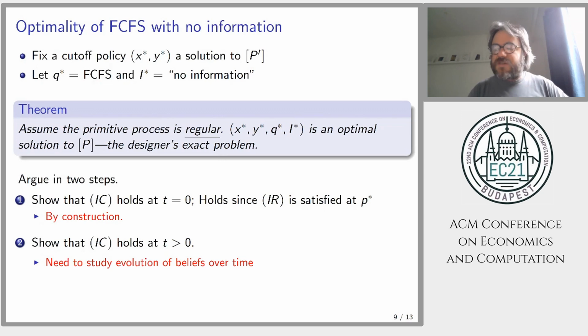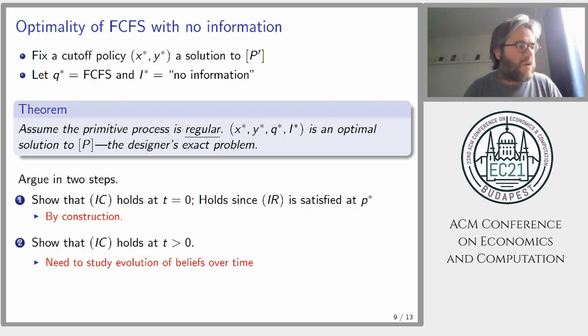Now what this result says is that if the primitive process is regular, meaning that the arrival rate increases faster than the service rate as the queue length increases, then the entry rule and exit rule, X star, Y star, together with first come, first served, and the no information policy, beyond the recommendations, the agents will get no additional information, is an optimal solution to the designer's problem, the real exact designer's problem.